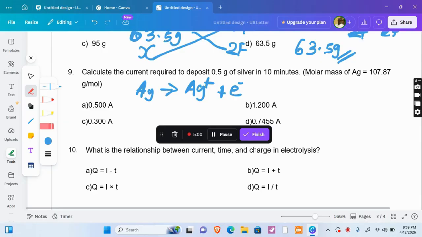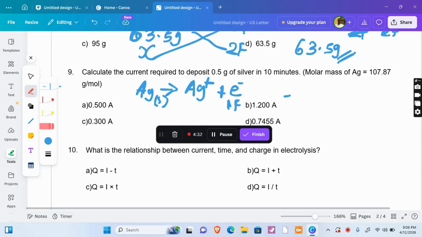This is the oxidation of silver. I told you that once I give you a question, you must always first write the half equation. So silver in solid form has undergone oxidation: Ag gives Ag+ plus one electron. That one electron, I told you before, is 1 farad, and 1 farad is equal to 96,500 coulombs.